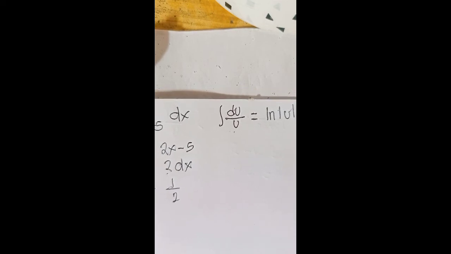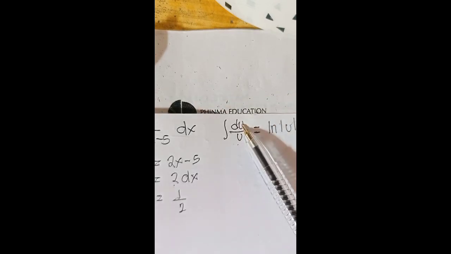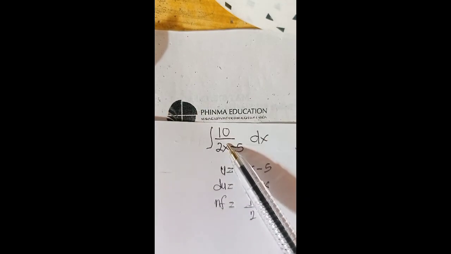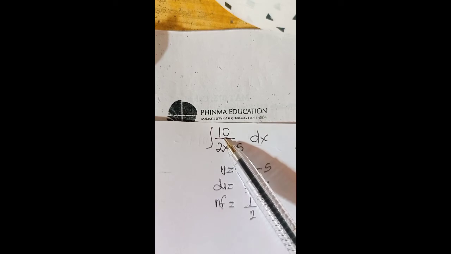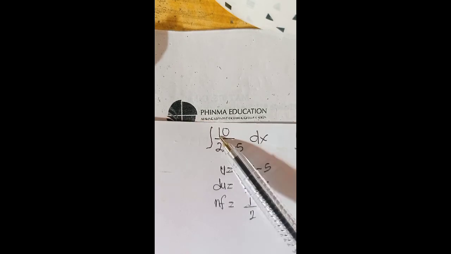Since our du is in the numerator, and in our numerator there is 10, we can move 10 outside the integral, and our dx is now the numerator.